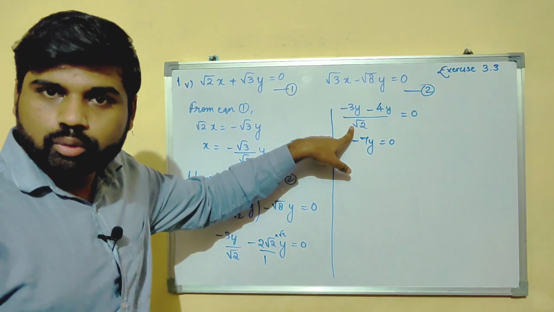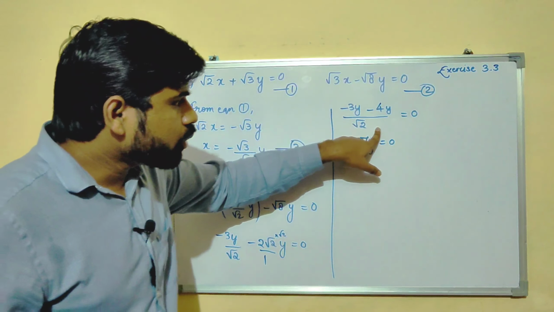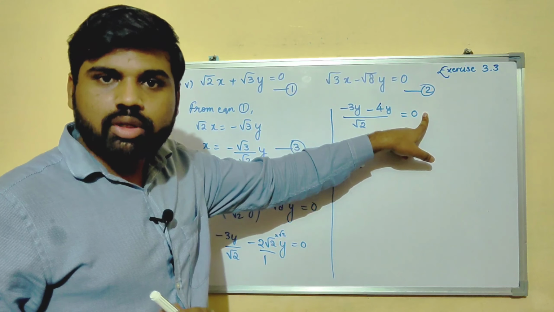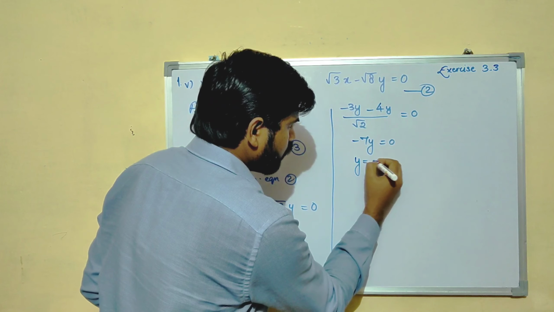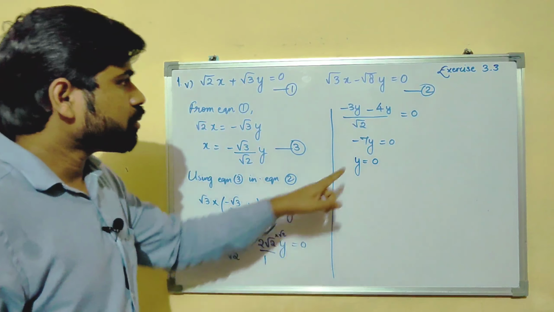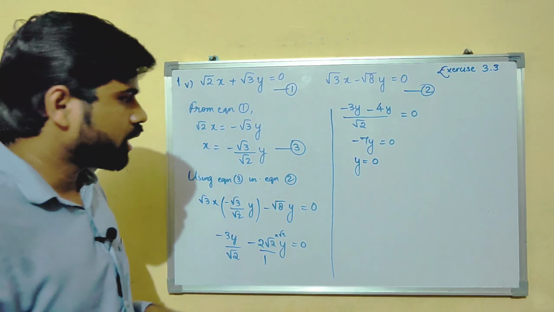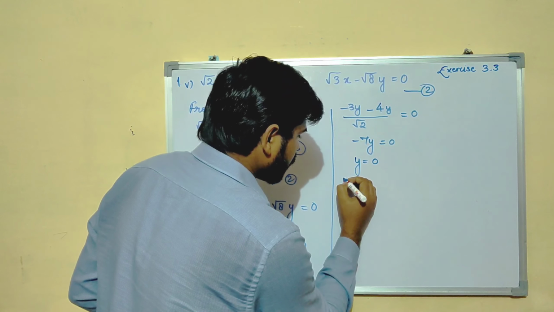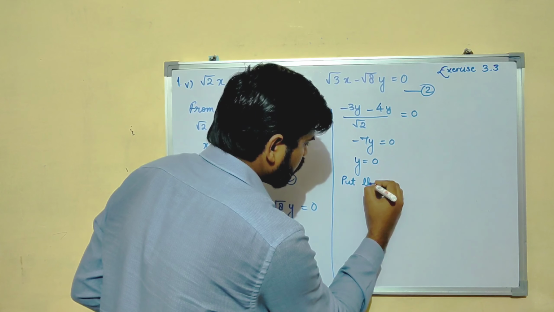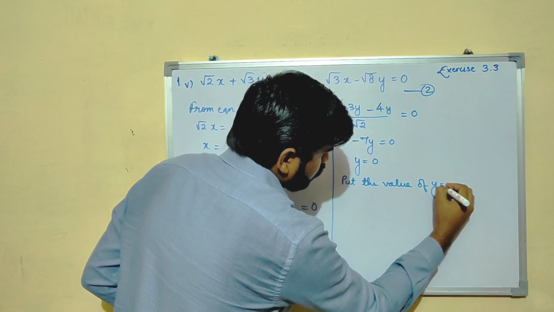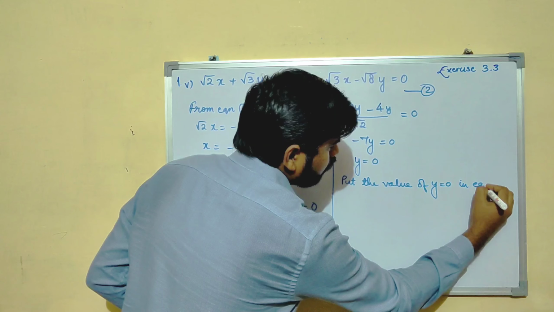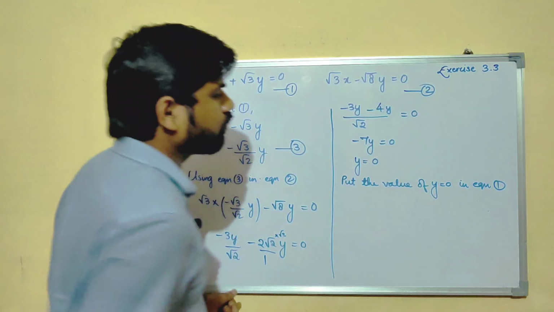Now minus 7y equals to 0. Where did this root 2 go? This root 2 went to the right hand side, right? So you will be left with y equals to 0. Substitute the value of y equals to 0 in the first or the second equation. Put the value of y equals to 0 in equation 1.